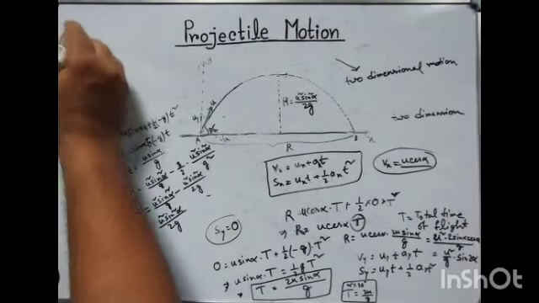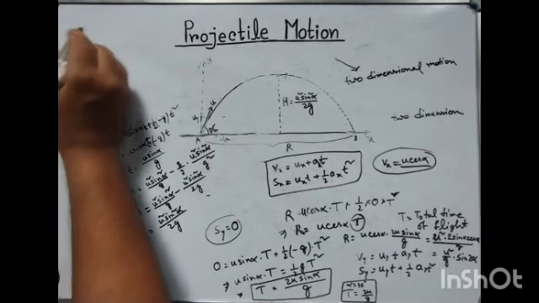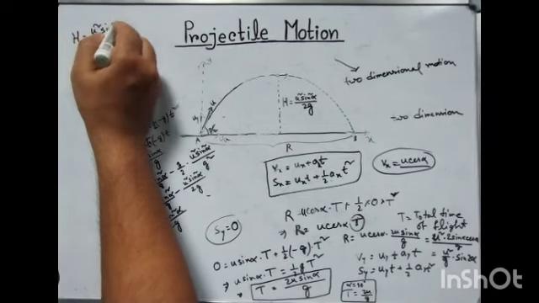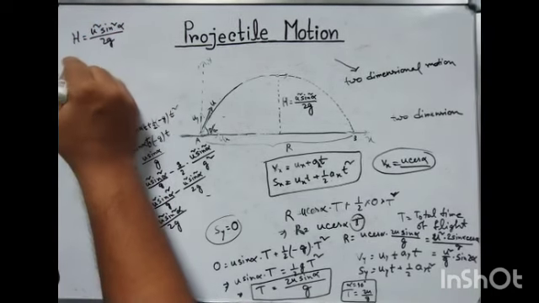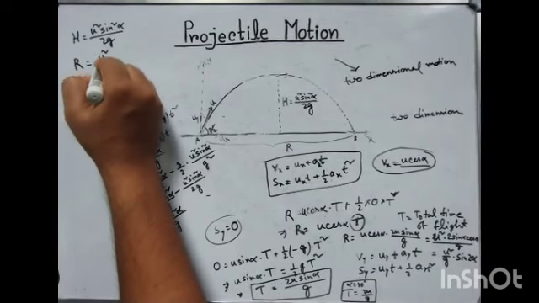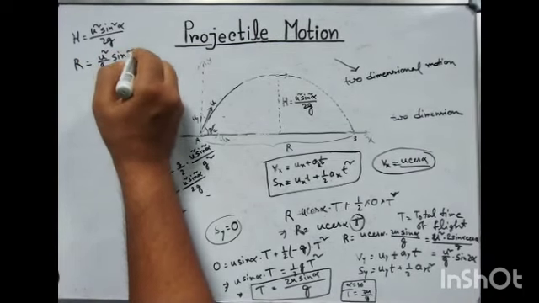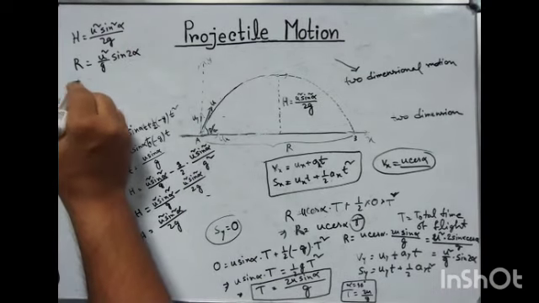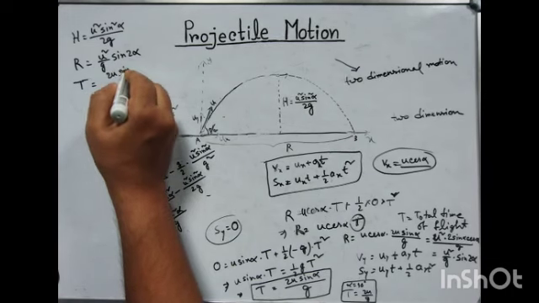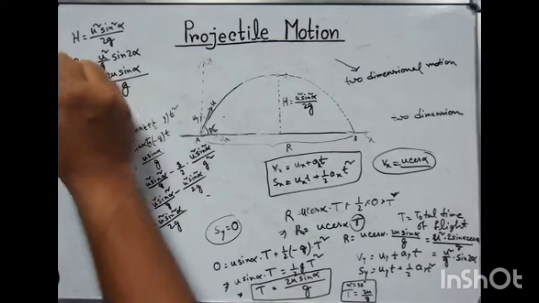So what we found: capital H will be u square sin square alpha by 2g. Our horizontal range will be u square by g sin 2 alpha, and the total time of flight capital T will be 2u sin alpha by g.